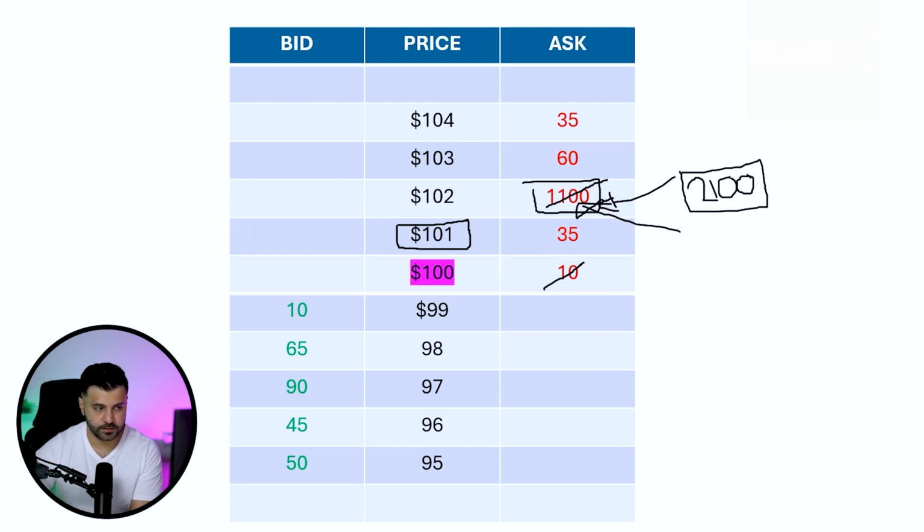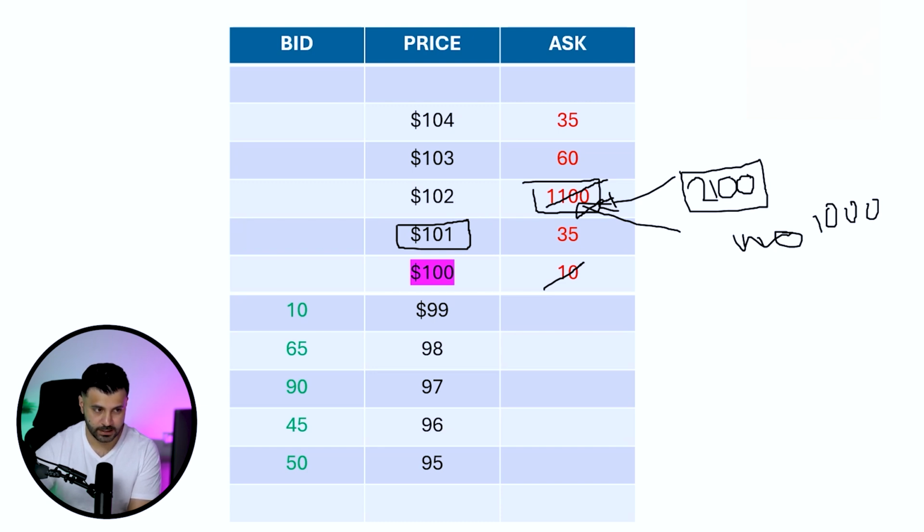So he takes 1,100 orders out of the book, and that has gone back to 1,000 orders. Then he comes in to buy the market because he wants a big order to be filled.